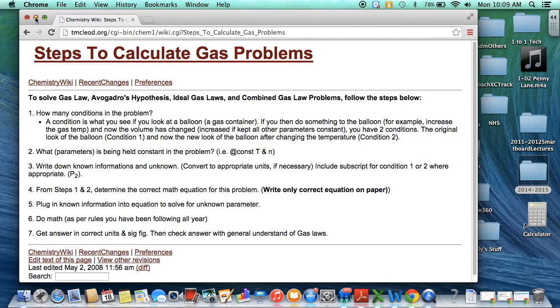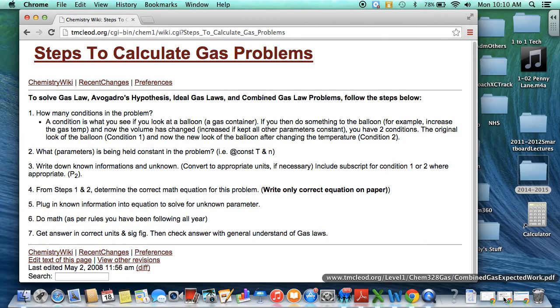Most likely you have watched the gas laws and Avogadro's hypothesis videos, and if not, that's okay. If you did, you realize that all of those hold two things constant and vary two, and they're all two condition problems.